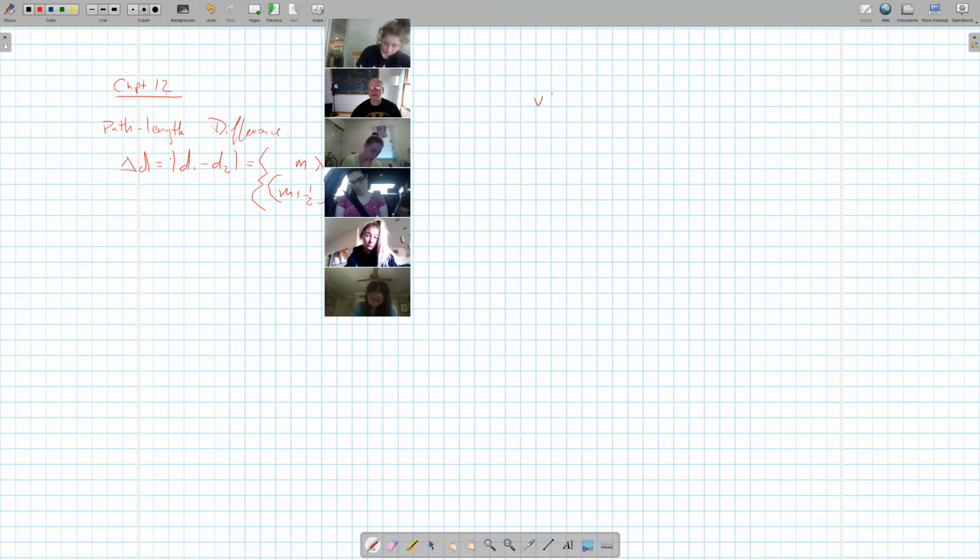The speed of sound in air is temperature dependent, and it's 331 times the square root of 273 plus the temperature in degrees Celsius, divided by 273. And then what else? We also saw, again, standing waves.